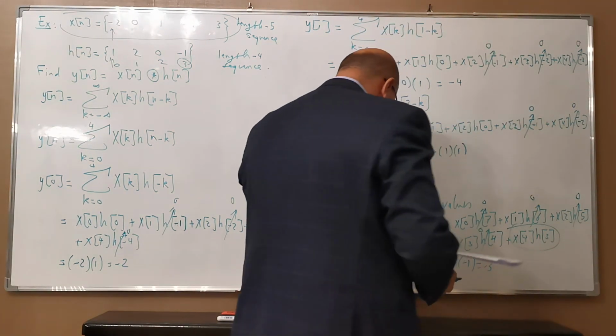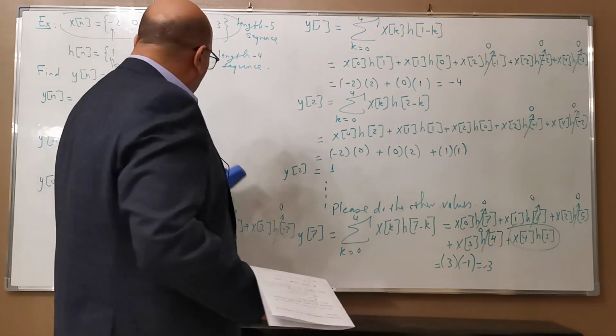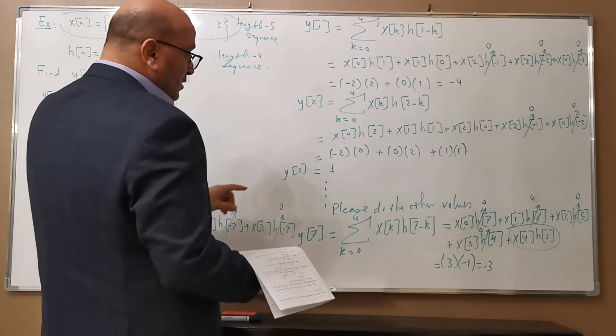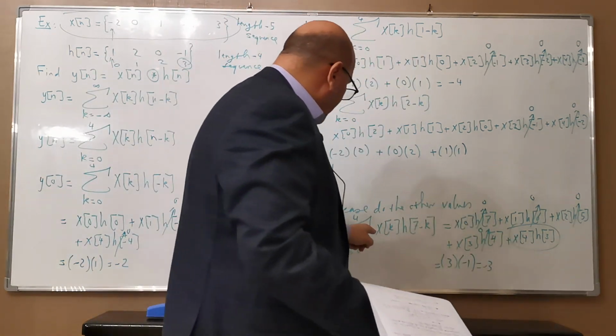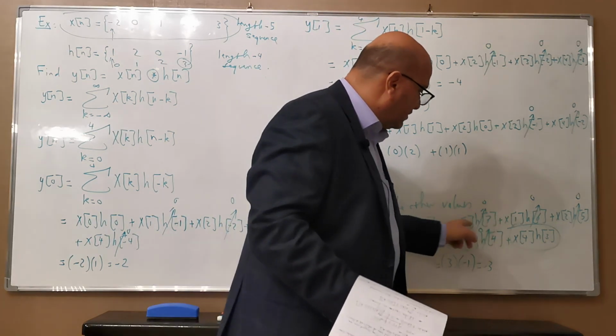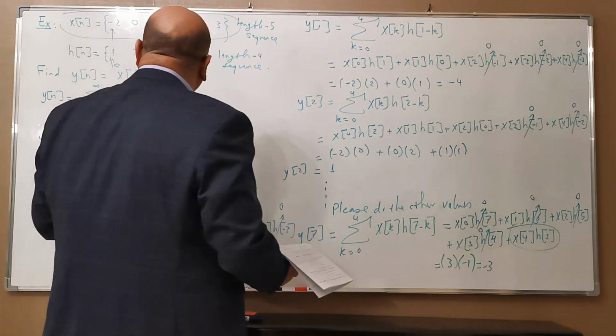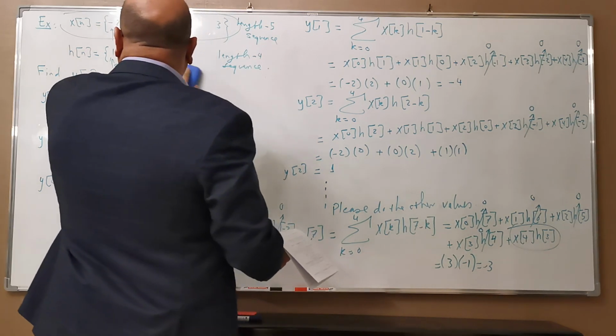Minus 3. So I gave you the last item that we will have. If you go beyond 7, then you will have zeros multiplied by zeros, and the end result is a 0.